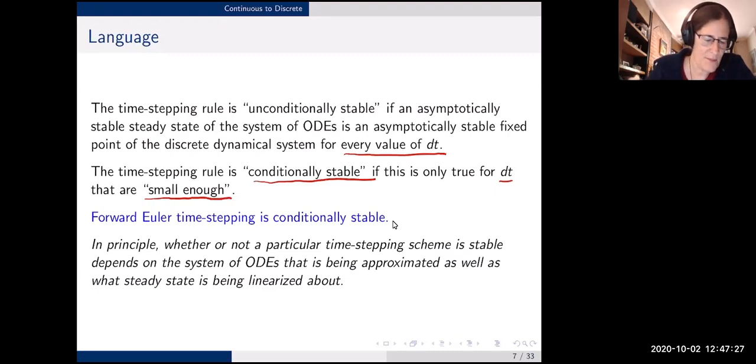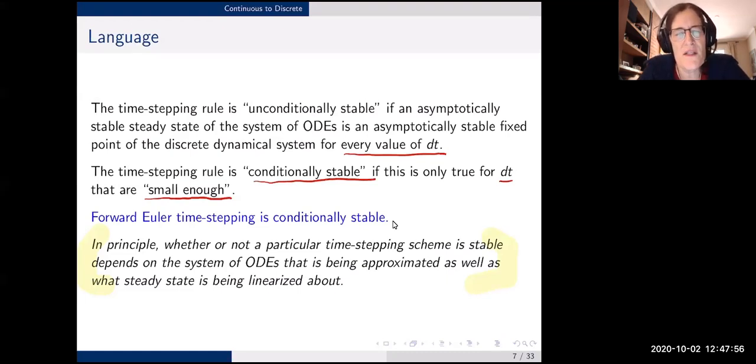But the big point, and this is something which is not in the numerical analysis courses, at least the introductory ones, because maybe it's supposed to be obvious, but it isn't that obvious: whether or not a particular time-stepping scheme is stable depends on the system of ODEs that you're approximating, as well as what the steady state is that's being linearized about, because all of these Jacobians are there.